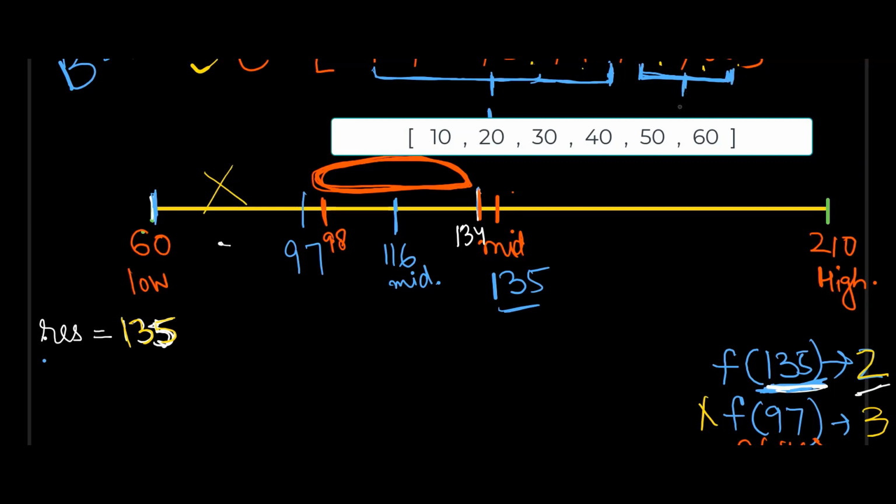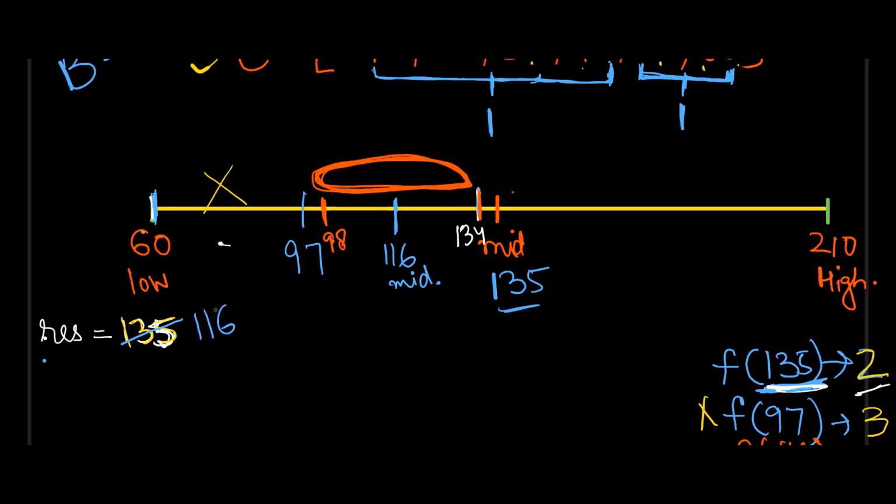So here we need just two painters to paint this entire board. So our result will be updated to 116. We can say in 116 units of time, two painters can paint.